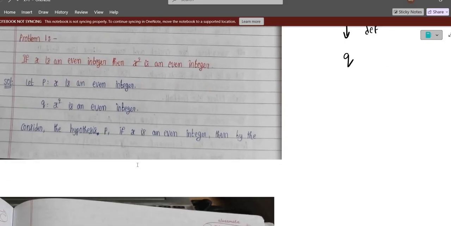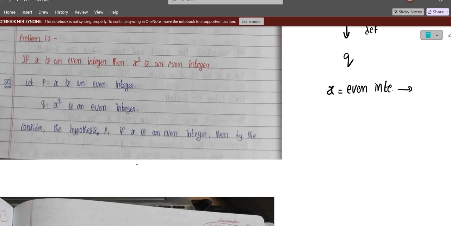So observe here, one problem is there. Now we are going to solve this problem. If x is an integer, that means x is an even integer. X is an even integer.